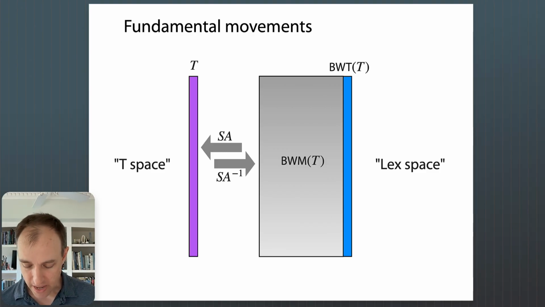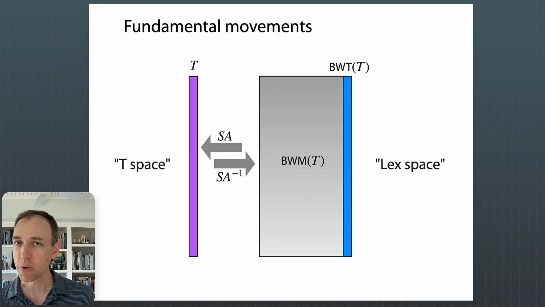And the movements between text space and lex space are according to the suffix array and the inverse suffix array. The suffix array takes us from ranks in lex space to offsets in T space. The inverse suffix array goes the other way: from offsets in T space to ranks in lex space.